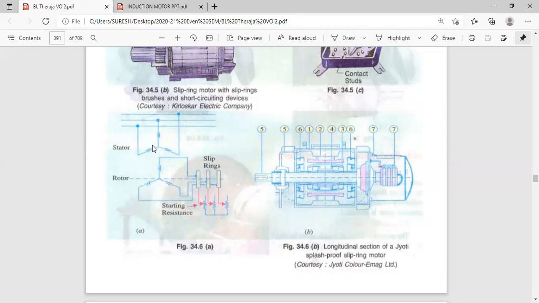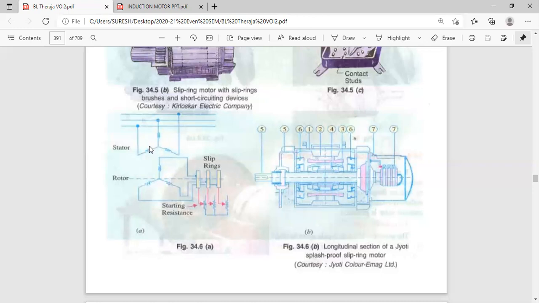What is the formula for Ns I had told? 120 F by P. P is the number of poles. Okay. Now see the operation of this stator. When you give three-phase supply, current is flowing in these three windings. Around the current carrying conductor, three fluxes are generated.